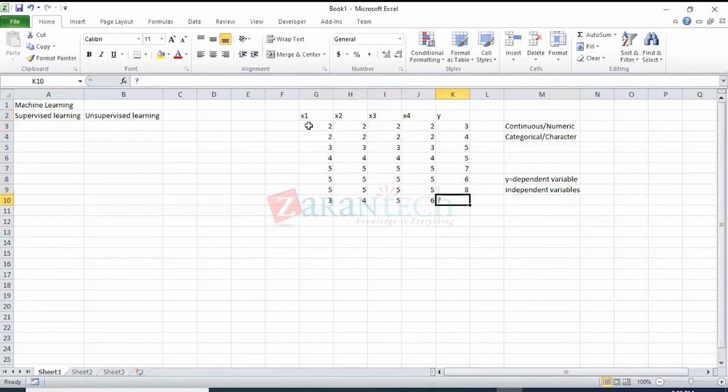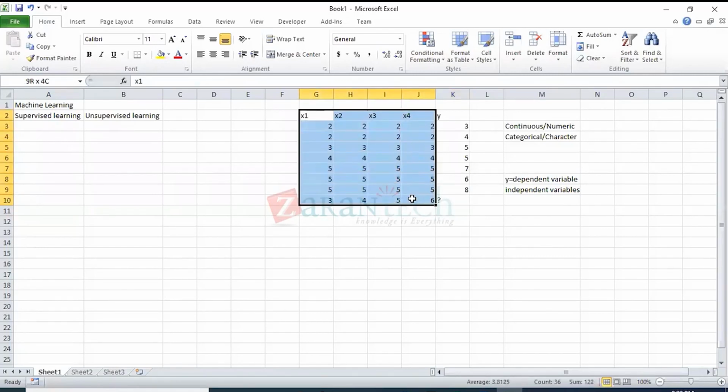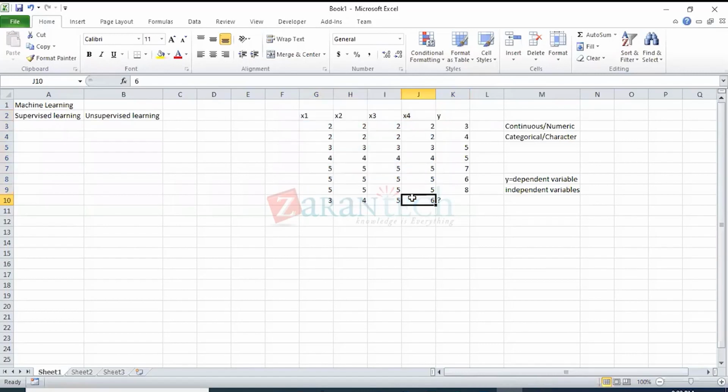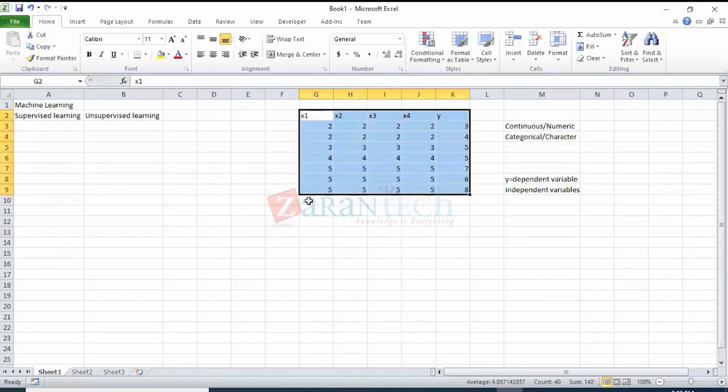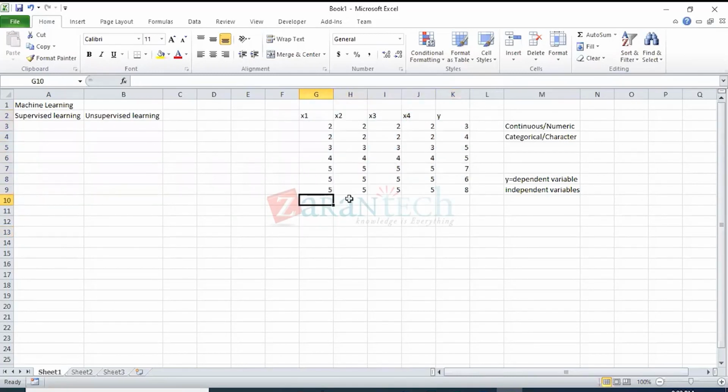Is it clear? Any doubts till now? So if all the values of a variable are given, they become independent, right? Not exactly. In this data set, suppose I don't have this row. I have this data set. My requirement is, if I get any new values for x1, x2, x3 and x4, I need to predict what y is.